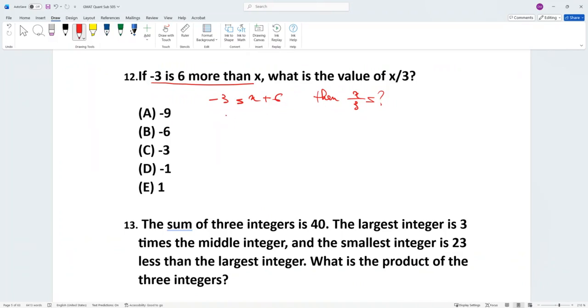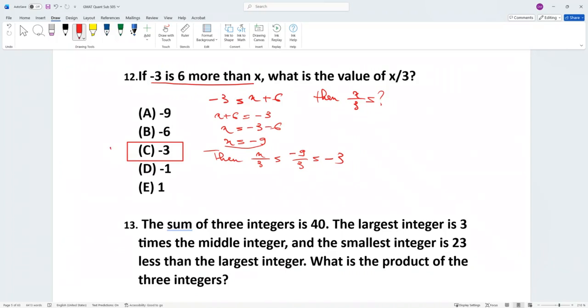From this equation, we can write it like x plus 6 is equal to minus 3, and x is equal to minus 3 minus 6, x is equal to minus 9. Then since x is minus 9, x over 3 is equal to minus 9 over 3, which is equal to minus 3.